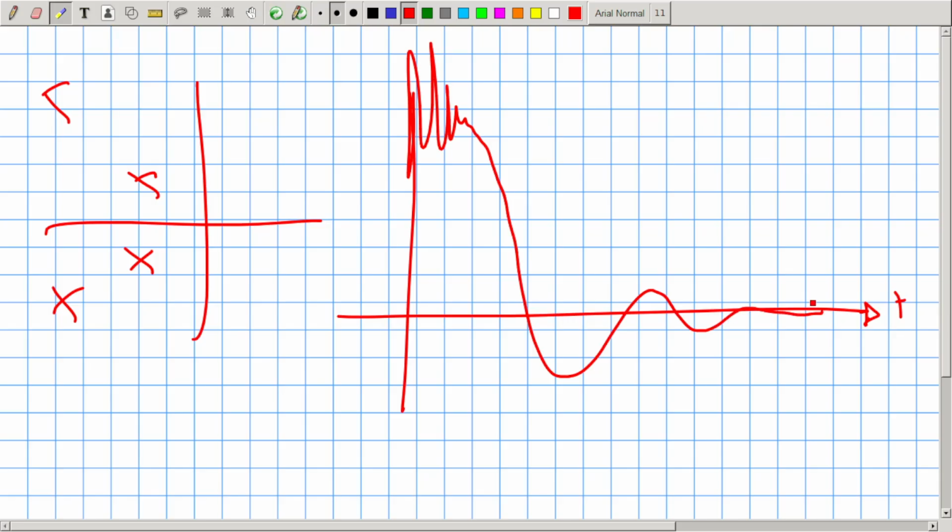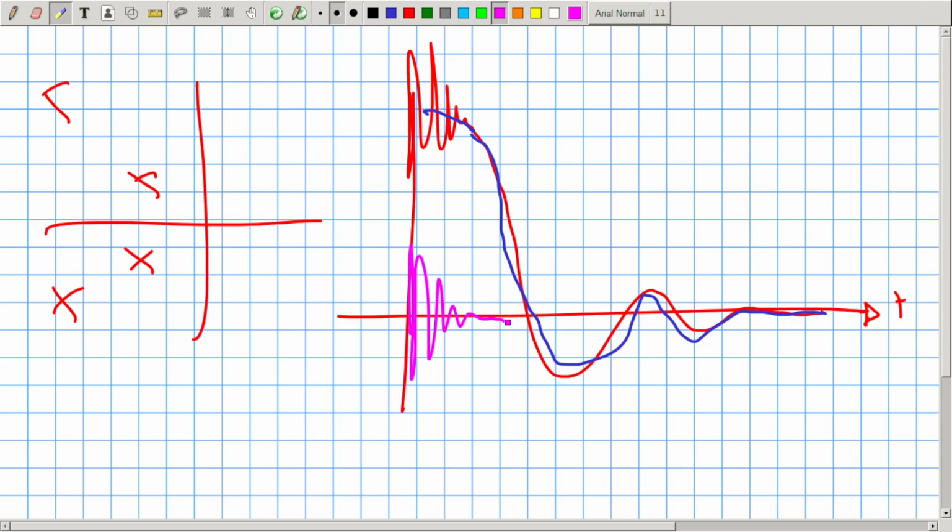What am I seeing? This is the total H of t that I'm measuring. And I kind of see that this total H of t is this, drawn in a bad way, plus this. True? Do you see that the total one that is red is the blue one plus the violet one?